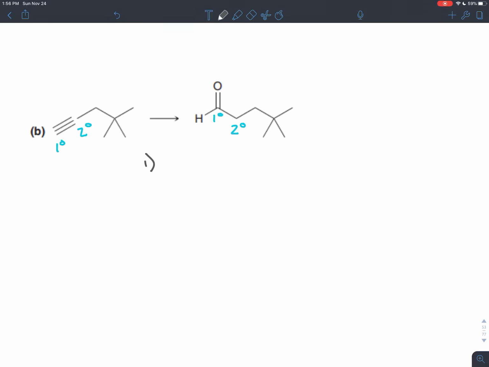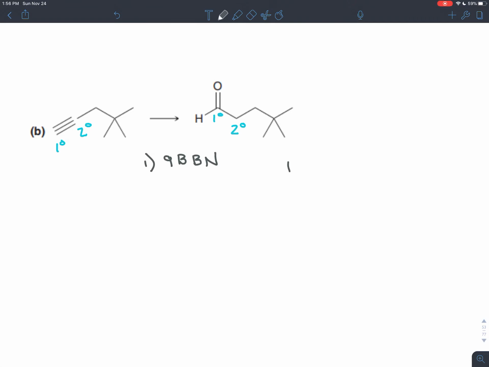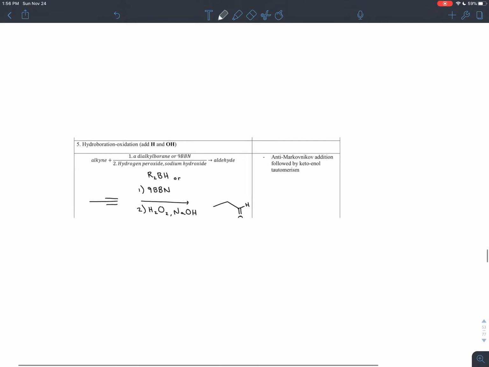And so for alkynes, make sure you use a dialkylated borane, like 9-BBN. But in general, any two alkyl groups, so hydrocarbon chains, bonded to a boron that has just one hydrogen would work. And then follow it up with hydrogen peroxide and sodium hydroxide. And so you would have to remember that.